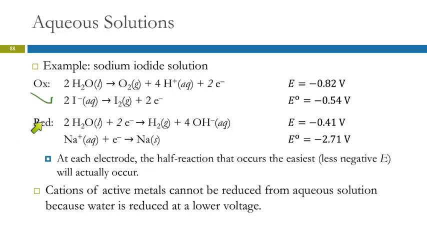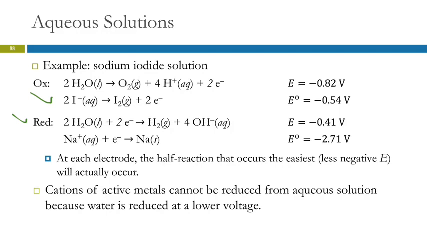And then we look at the reductions, and we've got water being reduced, that's negative 0.41. We've got sodium ion being reduced, that's negative 2.71. Well, that's a no-brainer. It's going to be the water. So at each of the electrodes, whichever half reaction occurs easier, is more positive or less negative, is the one that will actually occur.